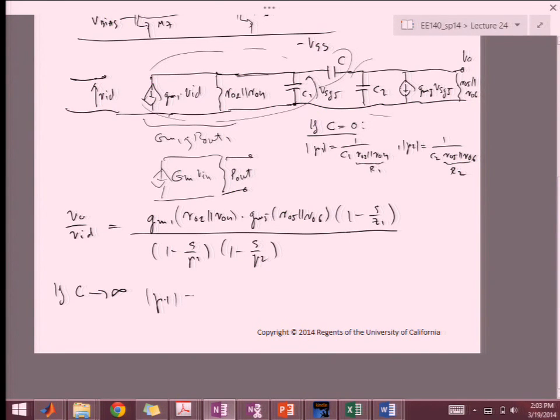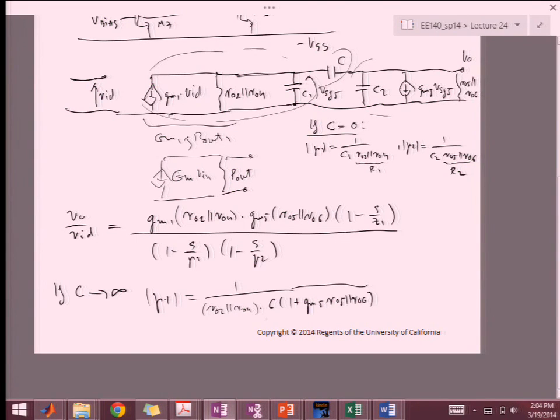So pole 1 is just from this. If you look at the Miller effect from CC, it's going to be 1 over RO2 in parallel with RO4 times C1, which is going to be negligible, but C is amplified by 1 plus GM5, RO5 in parallel with RO6.